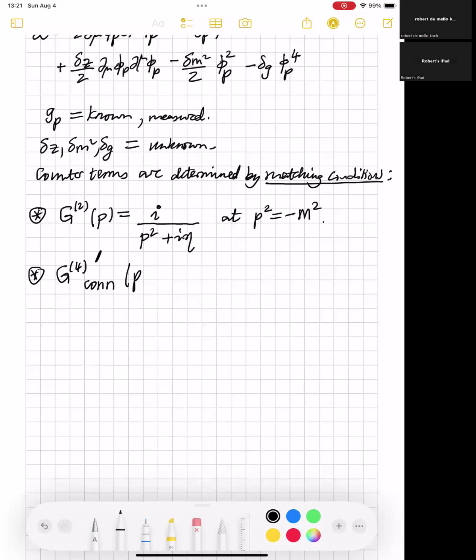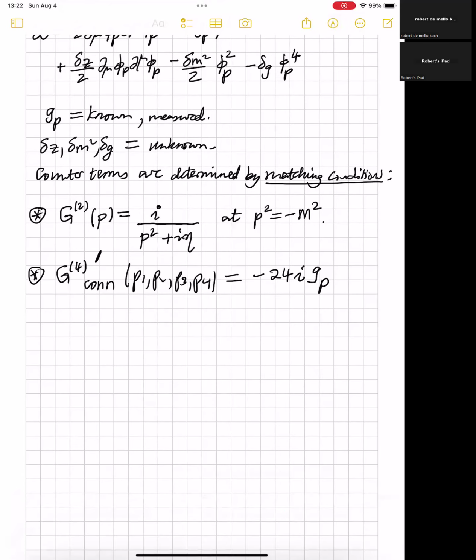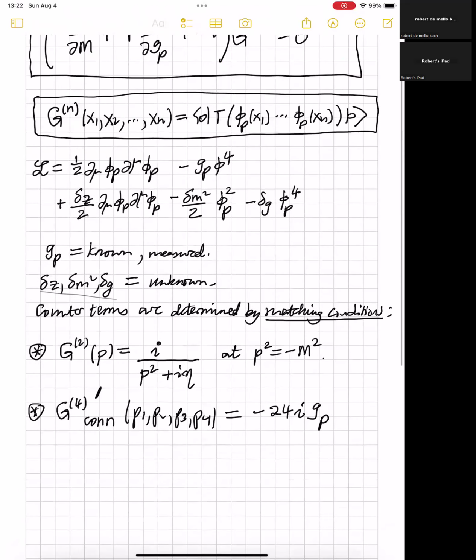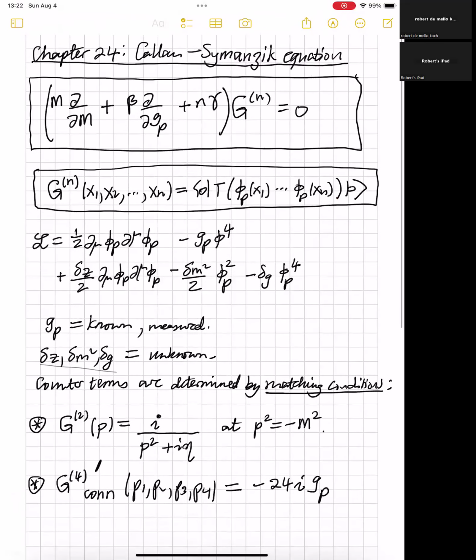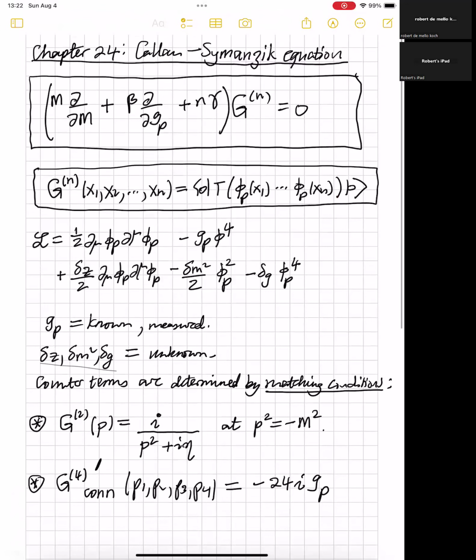And we're going to evaluate this at P1, P2, P3, and P4. And this we will set equal to minus 24, that's 4 factorial, i, times the physical coupling. So this is pretty much the condition that we had previously.